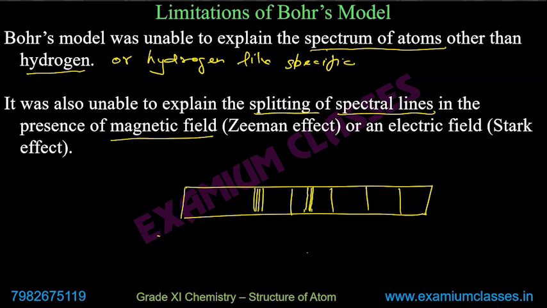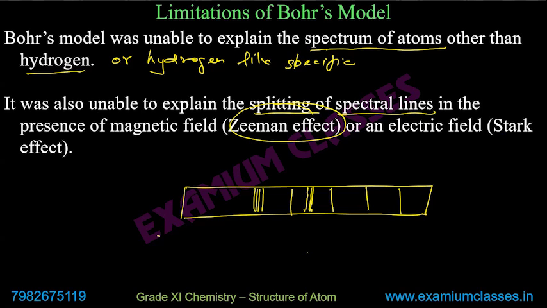This happened whether a magnetic field or an electric field was there. The magnetic field effect was observed by Zeeman, so it is called the Zeeman effect. The electric field effect was observed by Stark, so it is known as the Stark effect. Both are similar effects: in the presence of magnetic and electric fields, the spectral lines get split.